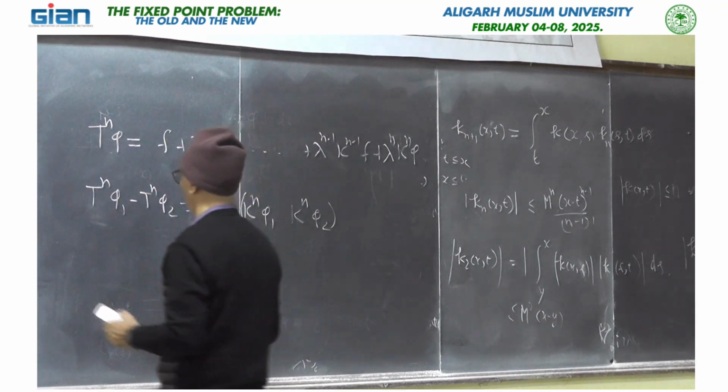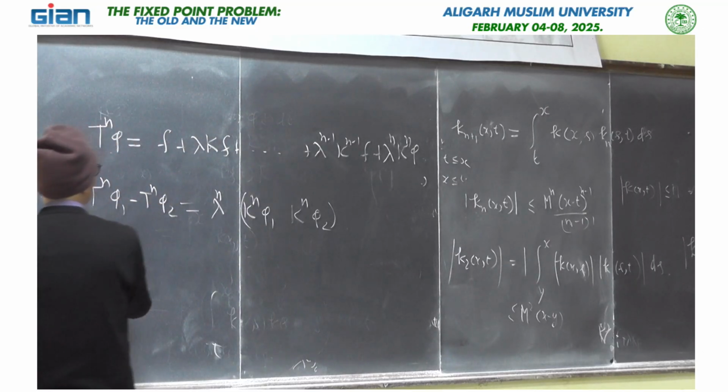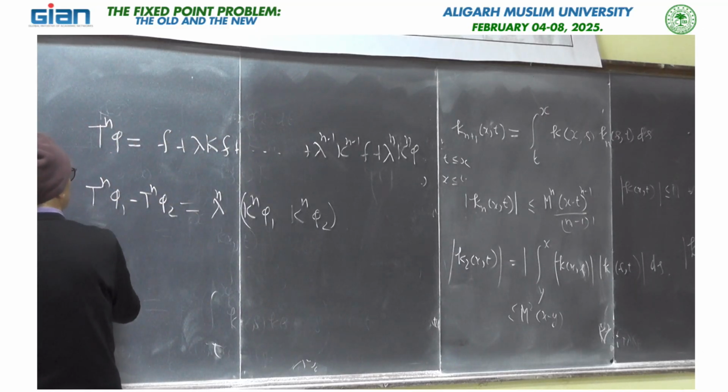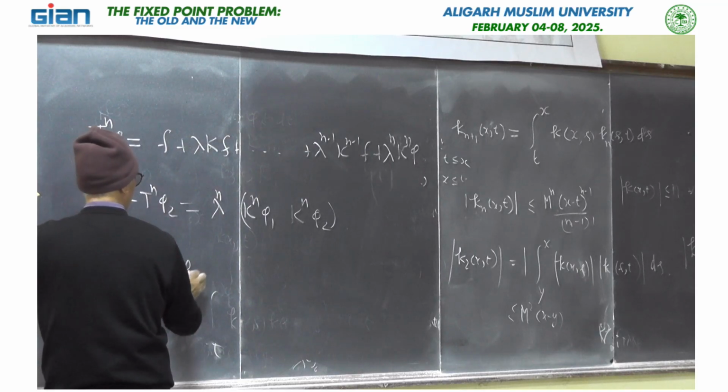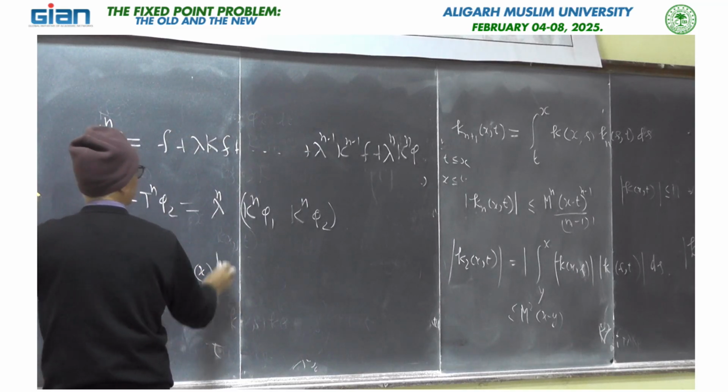Okay. So, now we need to take the L2 norm of that. Let us look at first this T^n phi_1(x) minus T^n phi_2(x).